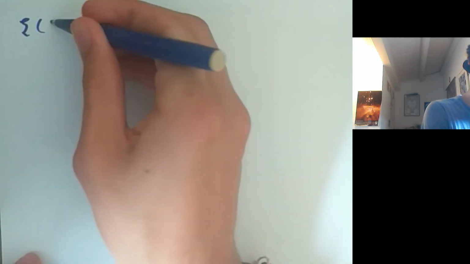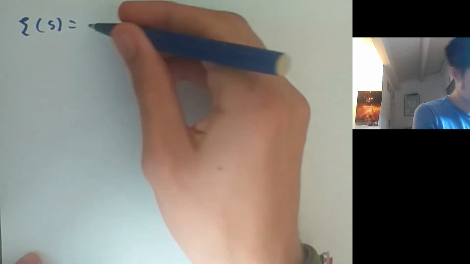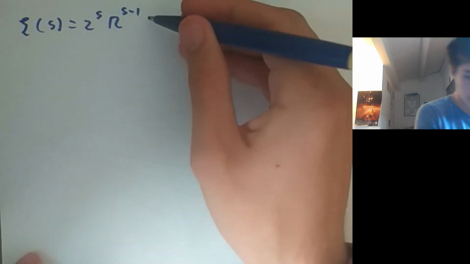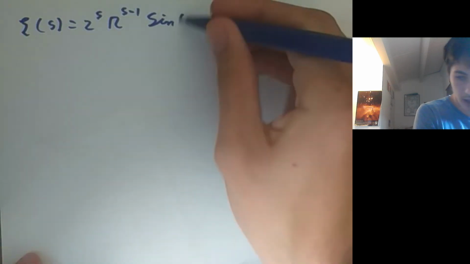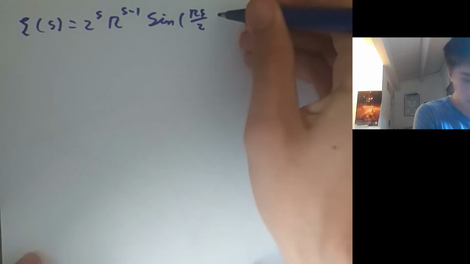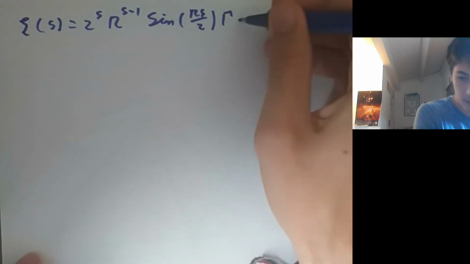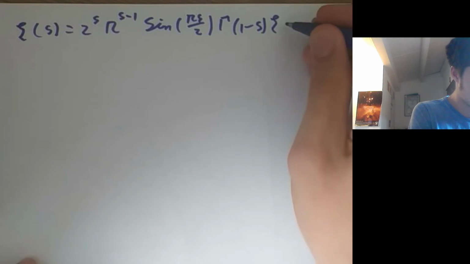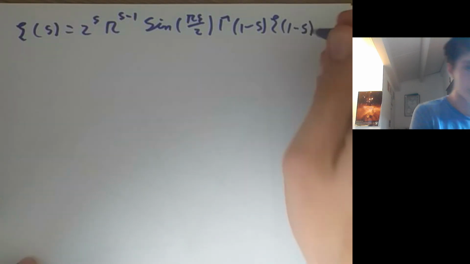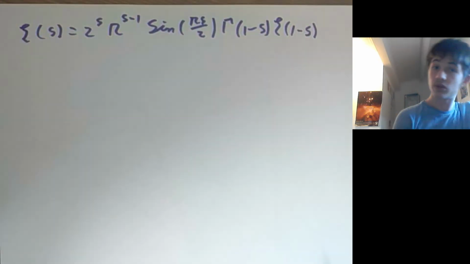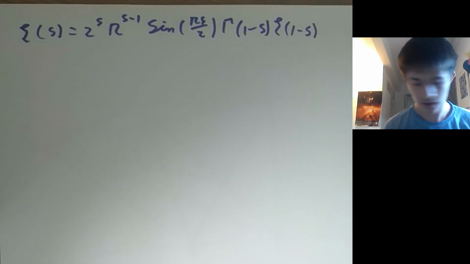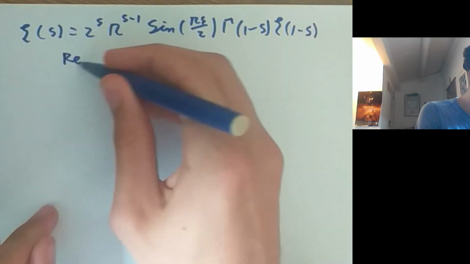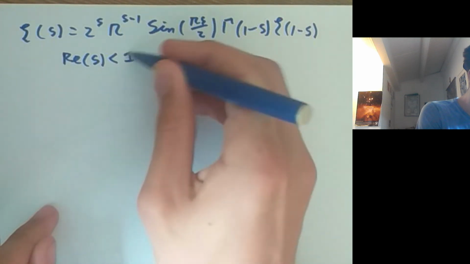But you can prove that zeta of s equals 2 to the s times pi to the power of s minus 1, times the sine of pi times s over 2, times the gamma function of 1 minus s, and finally, zeta of 1 minus s. So that's quite a long formula. And this formula works for the real part of s being in between 1 and 0.